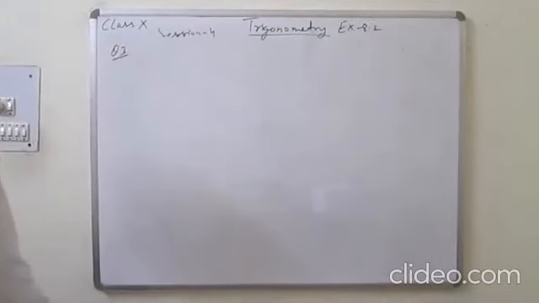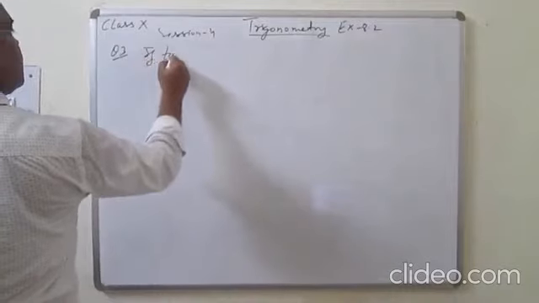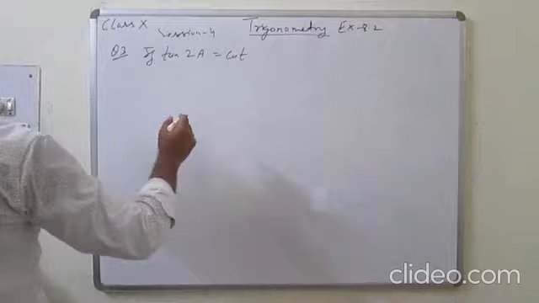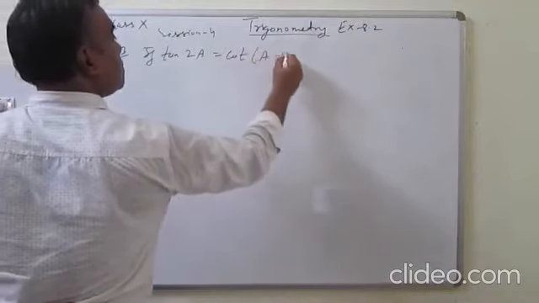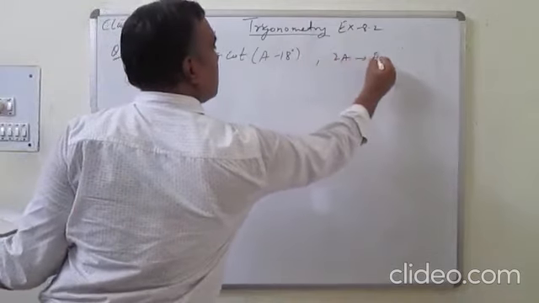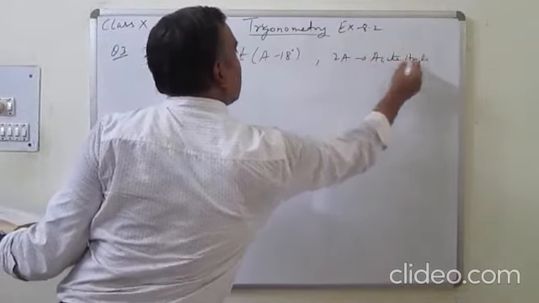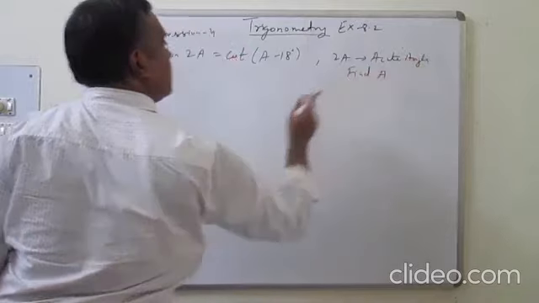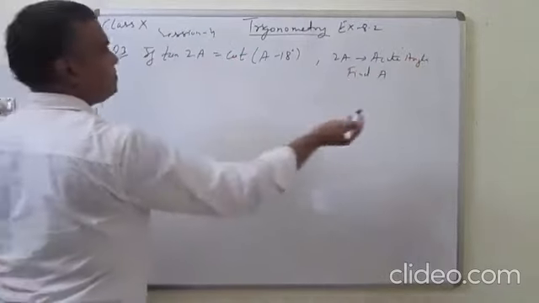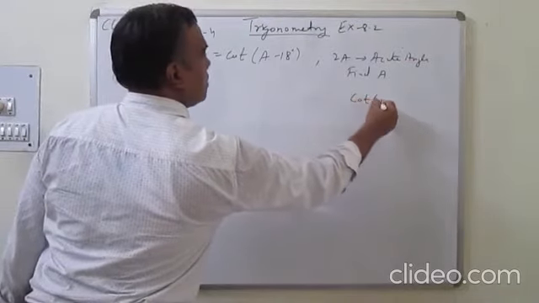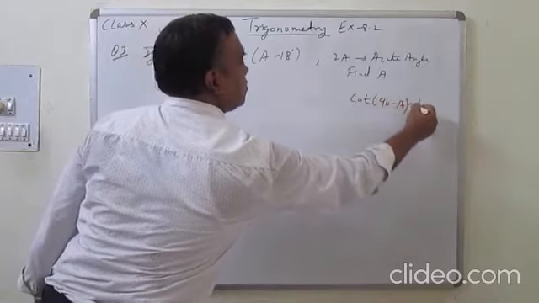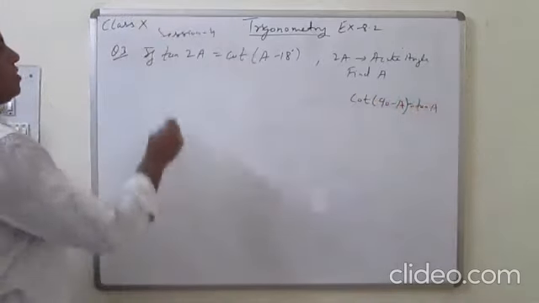Question third: if tan 2A is equal to cot (A minus 18), where 2A is an acute angle, find A. So we know this formula: cot (90 minus A) is equal to tan A. So here what is A?